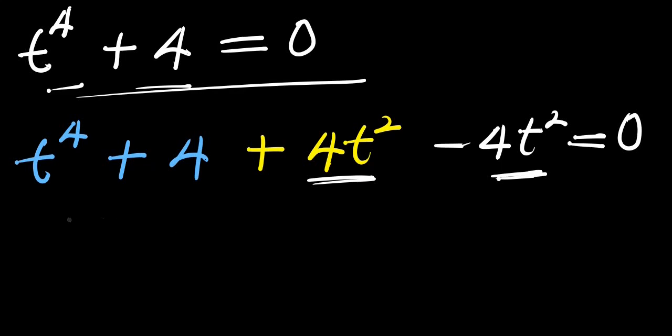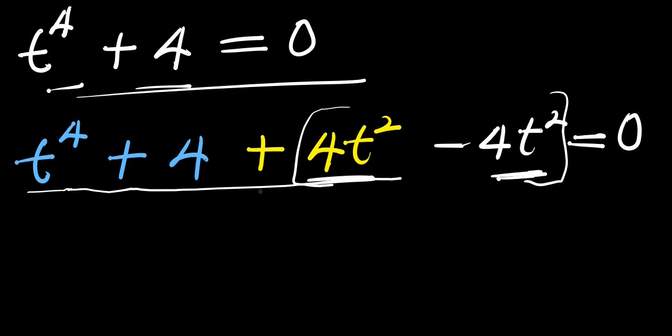From this point here to this point is factorizable. We can easily factorize t power 4 plus 4t squared plus 4. So we added this so that we can easily factorize this part of the expression. Remember, as far as we still have minus 4t squared here, that means we haven't changed anything. We are just doing some manipulation so that we can easily factorize this particular problem.